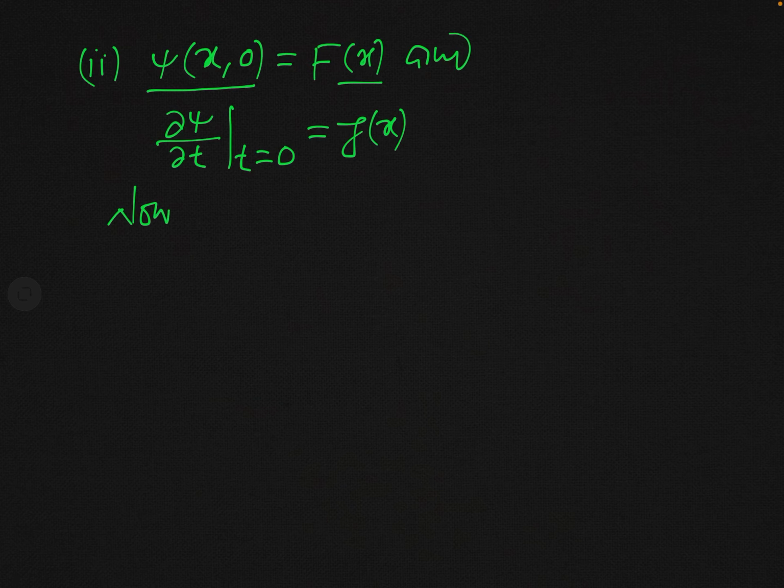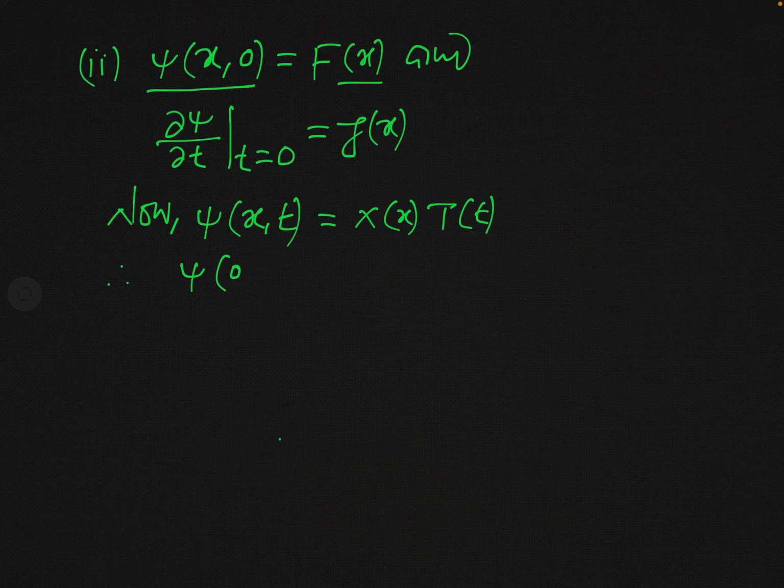Now you have already seen that psi of x,t is equal to X of x times T of t. Therefore, if we consider x equal to 0, then we write psi of 0,t, which will be X of 0 times T of t.